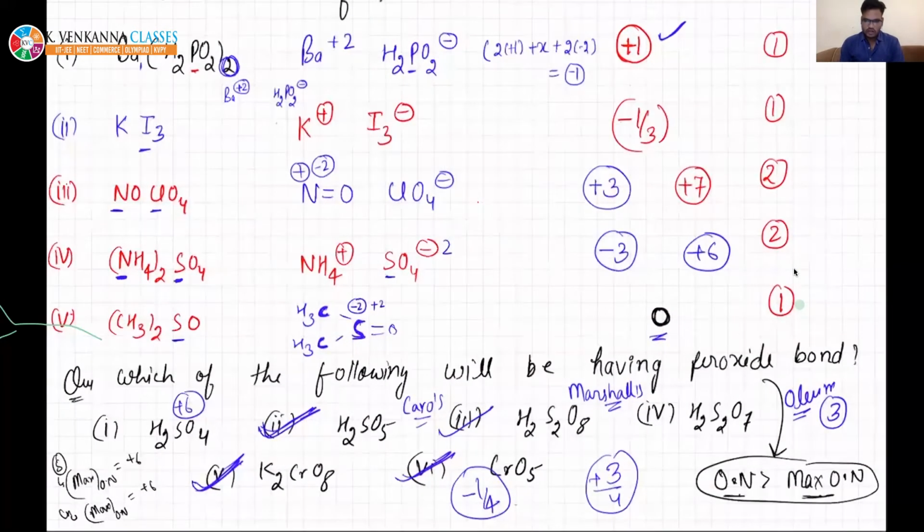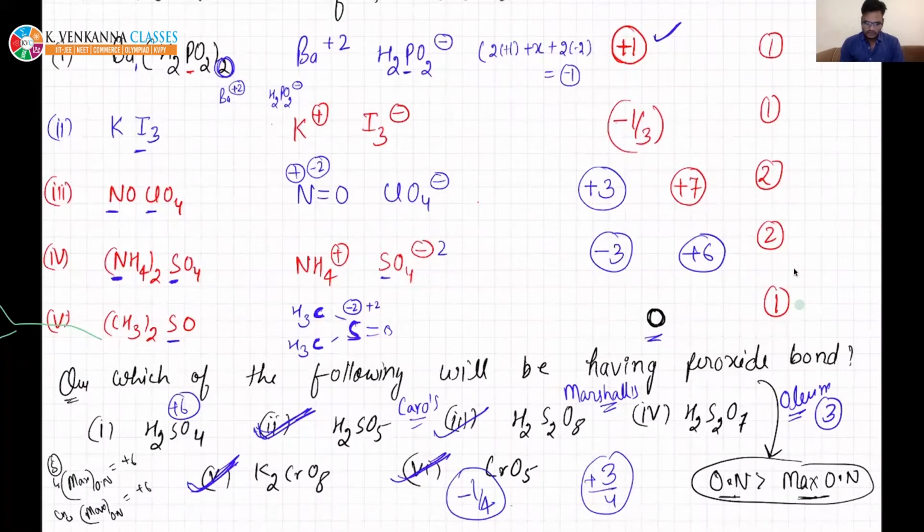Oxygen is more electronegative, so it will get +2, and if you add, it will become +3. And in this case, it is very simple. Chlorine X plus 4 into -2 should be equal to -1. So this is how it will become 7. Santosh?